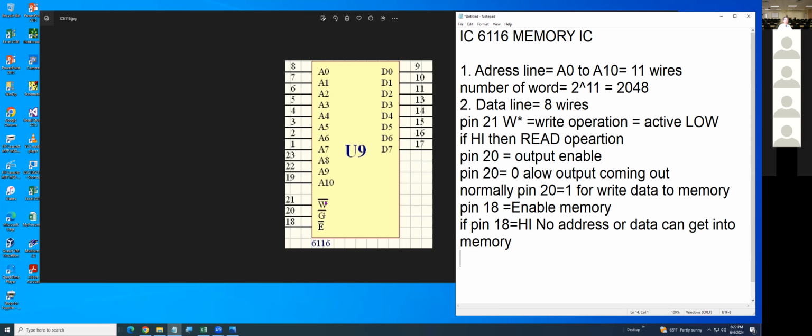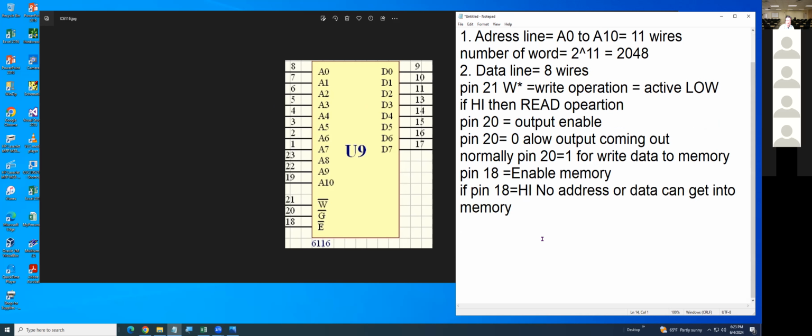Okay, in here. So when you're looking into the schematic, you're able to know about the IC. Okay, let's see, for 6116 memory, you know that will be 2K by 8.